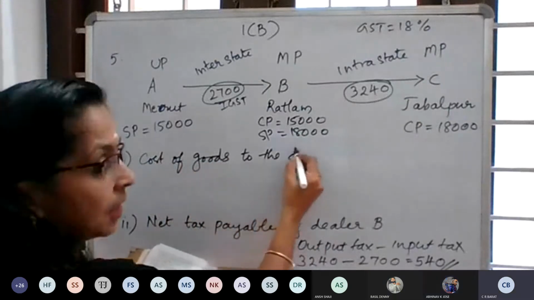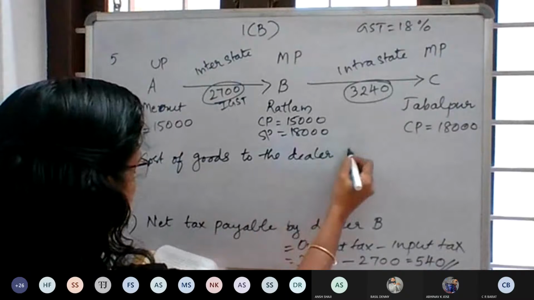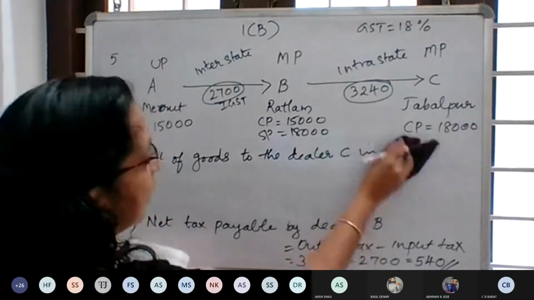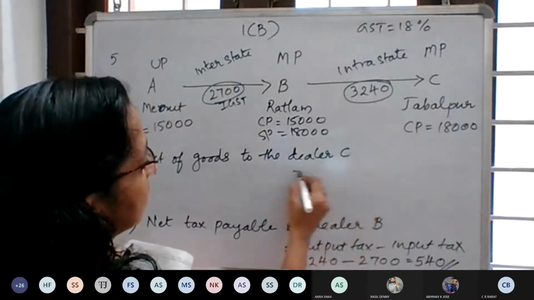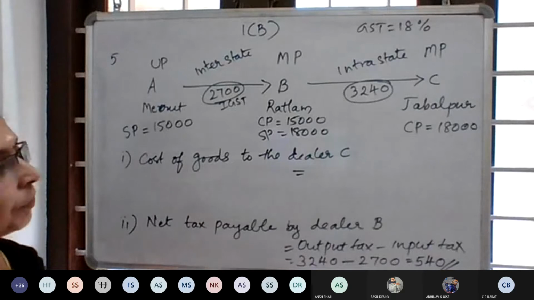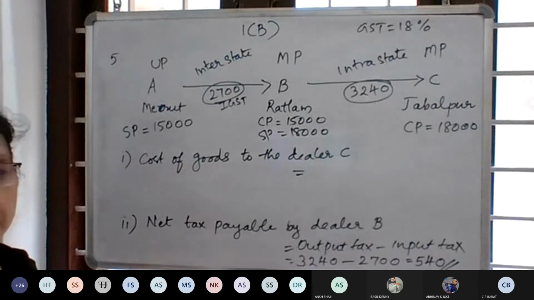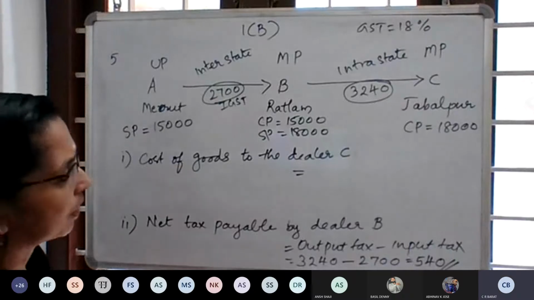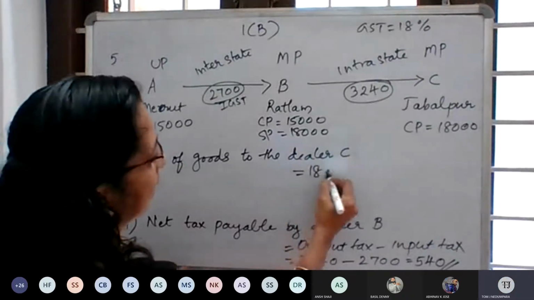It is already written there. C is the end user. So what will it be? 18,000 plus 3,240.